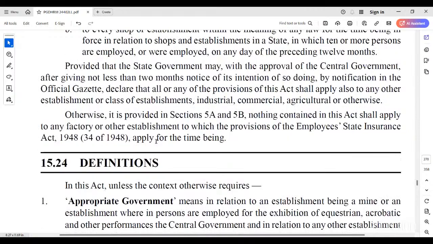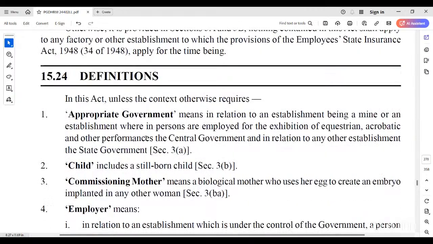So here are some of the definitions of this Maternity Benefit Act. Appropriate government means, in relation to an establishment being a mine or where any person is employed for the exhibition of acrobatic and other performances, the central government, and in relation to any other establishment, the state government, as per Section 3(a). Child is defined to include a stillborn child.